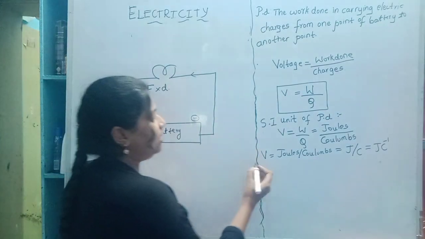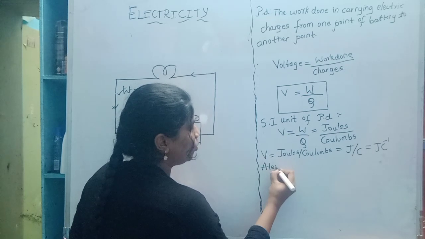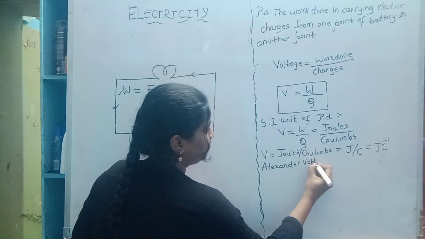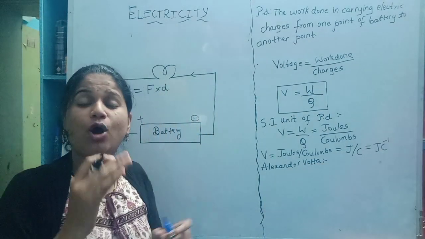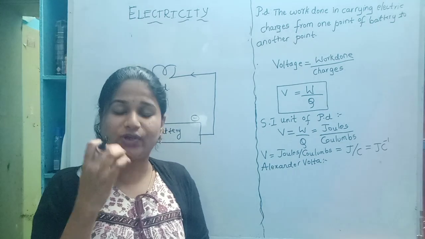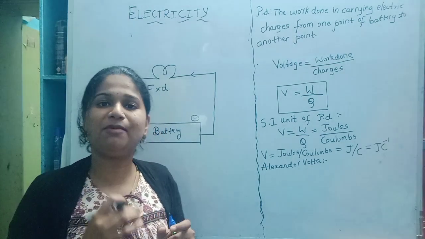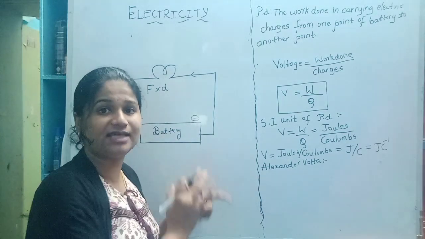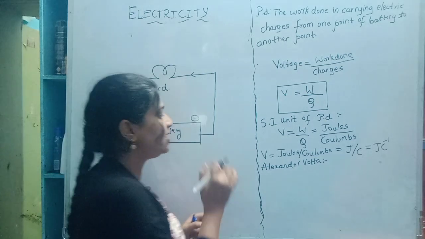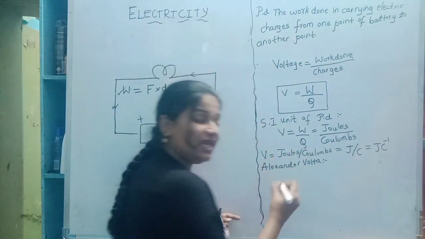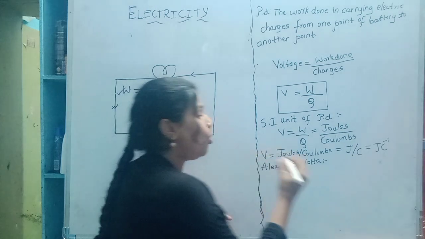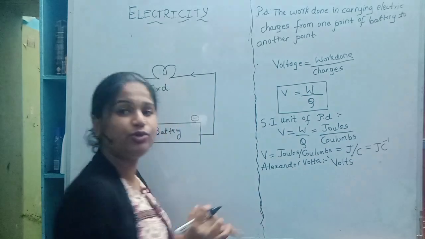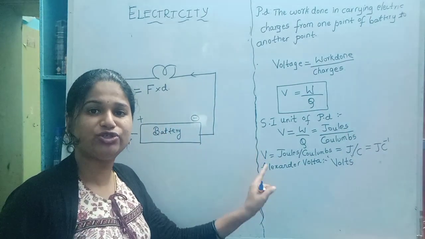Now, a scientist named Alexander Volta studied a lot about the potential difference. In memory of him, to respect his discovery and his studies, we also consider volts as the SI unit of the voltage or potential difference.